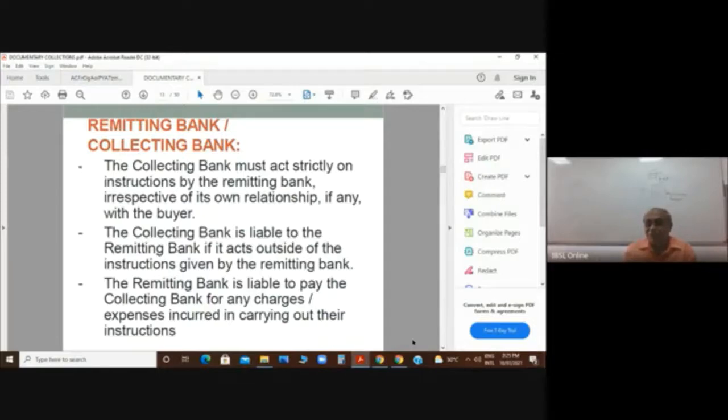Because of that relationship, when you receive the set of documents on collection, it says the remitting bank has given strict instructions to release the documents against payment. Now, a customer comes to you and says, "Miss, don't worry.